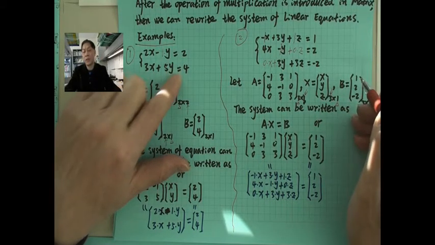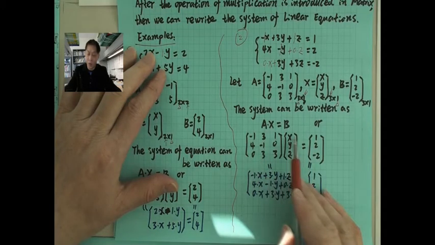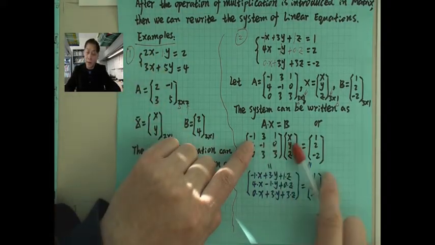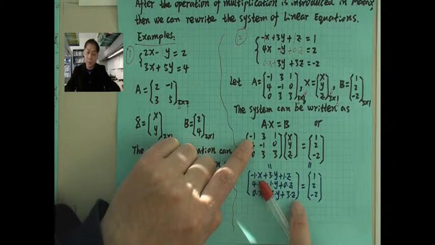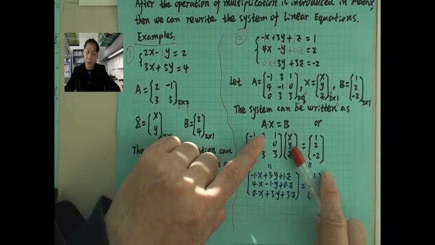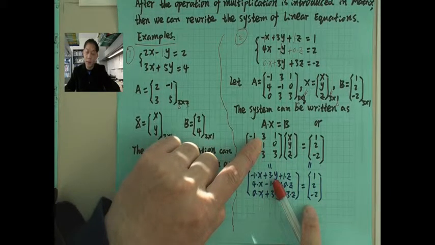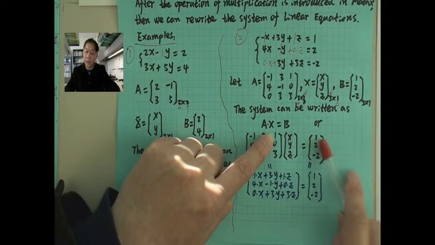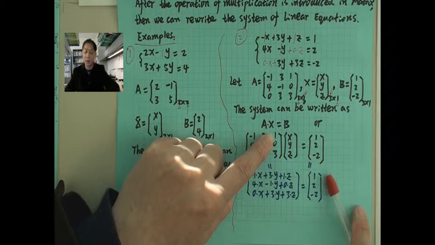So, row times column, and then add together. Negative 1 times x plus 3 times y plus 1 times z, add together. The right hand side, you just keep it.